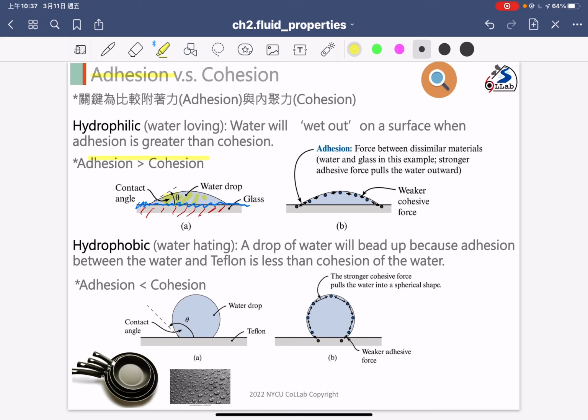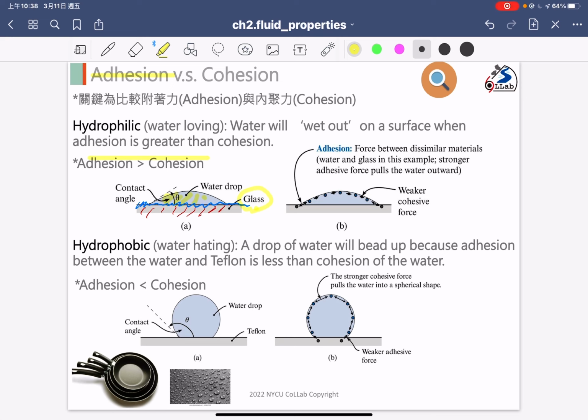So this is for the glass material. You can do the experiment by yourself. You just put the water on the glass, and you can see the water cannot form bubbles.